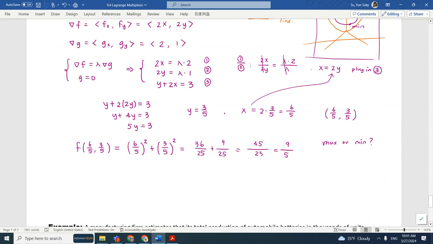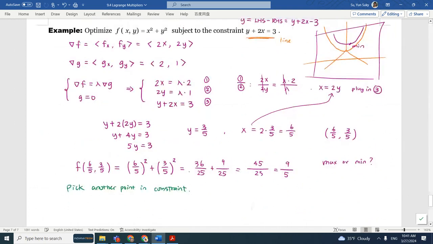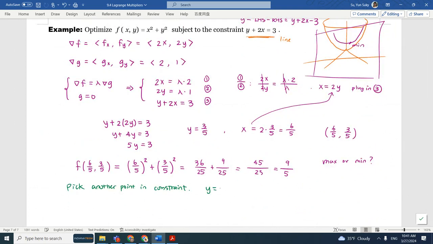But here you only have one point. Then you pick another point on the constraint, y plus 2x equals 3. You pick any other point on the constraint. Usually, we let x be 0 because that is easier.